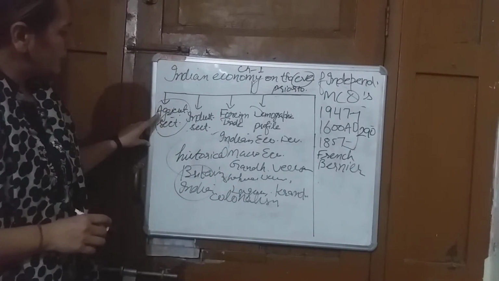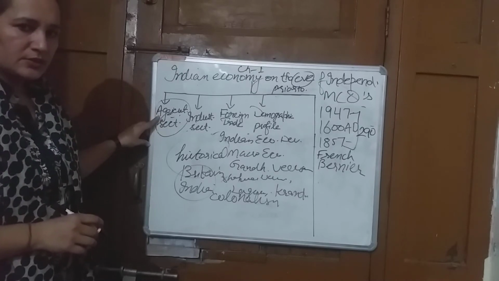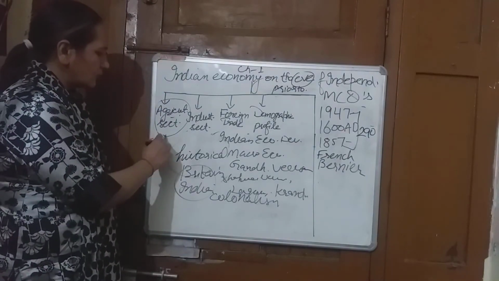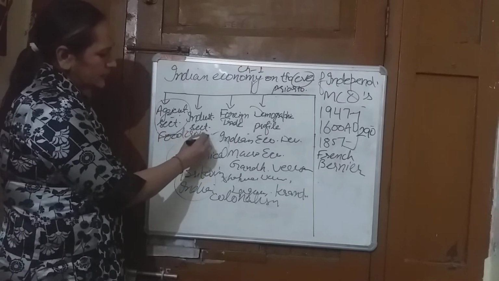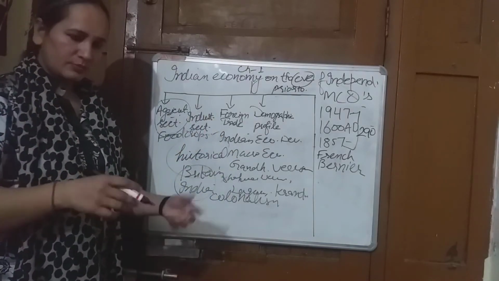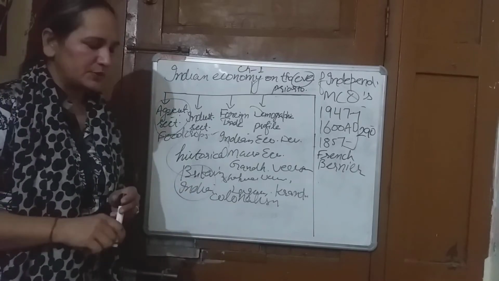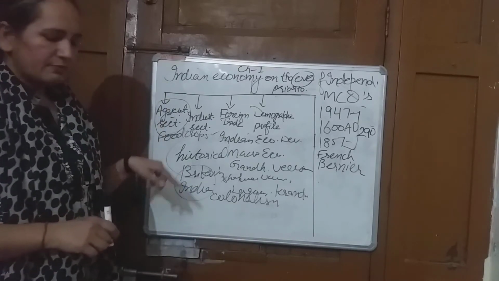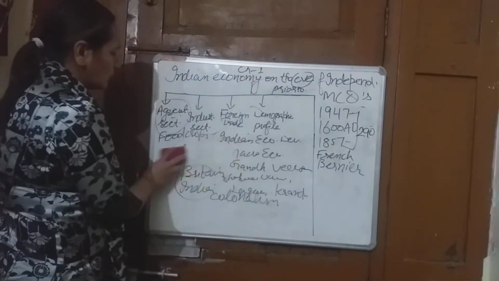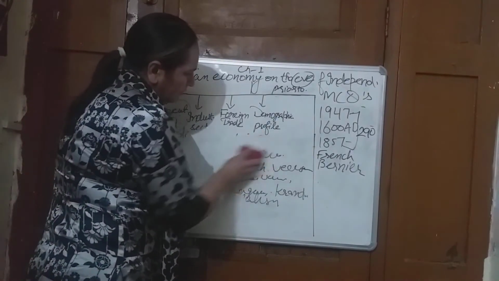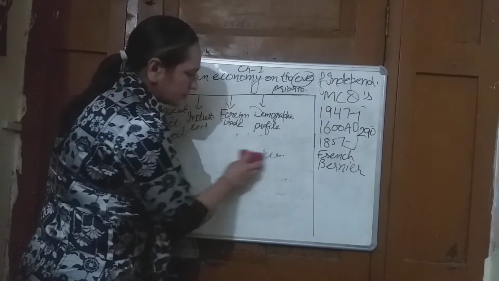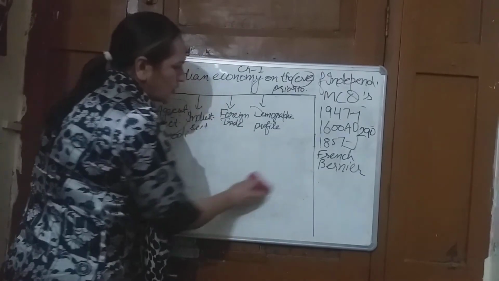Now, before the arrival of the Britishers, India mainly grew food crops, which are used by the population of the country for eating purposes. But after the arrival of the Britishers, they compelled Indians to grow commercial crops. Do you know the name of the crop in particular? The name of the crop was indigo.